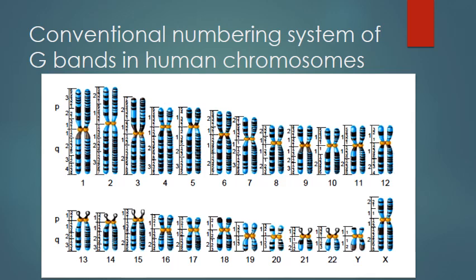Also, chromosome banding can be used to assess evolutionary relationships between species. Research studies have shown that similarity of chromosome banding pattern is a good measure of genetic relatedness.